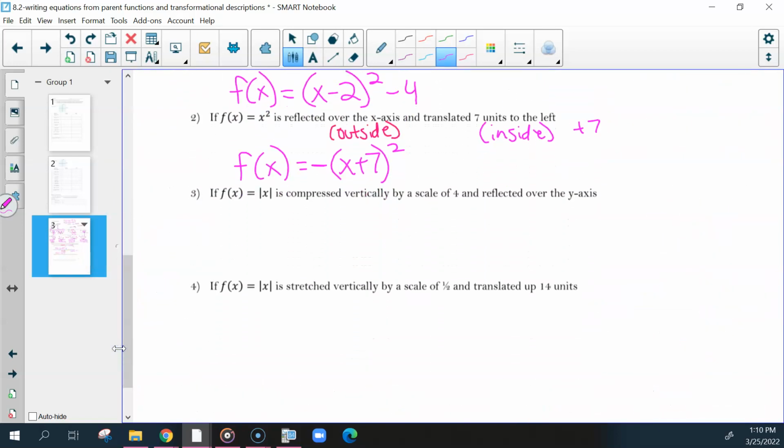Before we do 3 and 4, these words got switched. This should be stretch, and this should be compress.